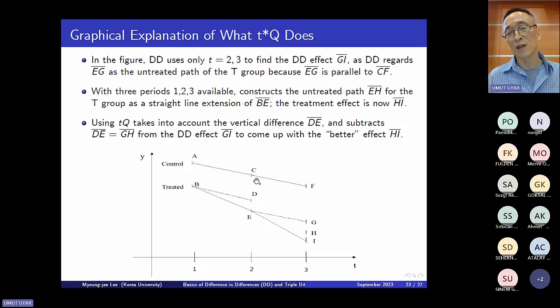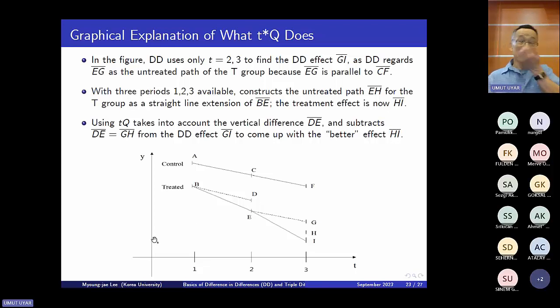This goes parallel to this line. So this point will be the untreated outcome for the treated group, that is, the counterfactual. And comparing this to the actual point, the DD effect will be equal to this vertical line G to I. The DD will regard this vertical difference as the treatment effect.